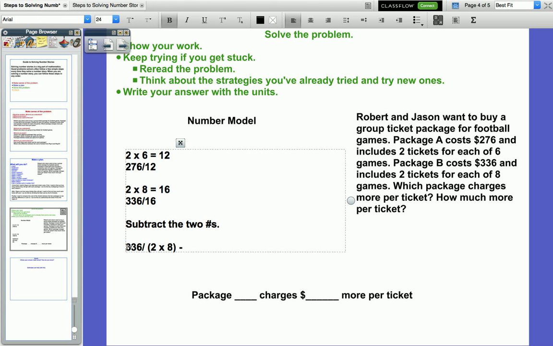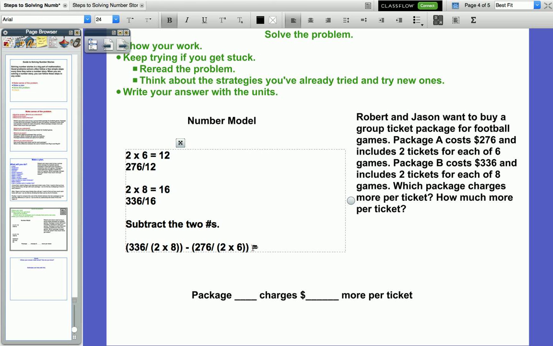So actually I'm going to have 2 sets of parentheses here because I'm going to do this first, and then I'm going to do this part. And then my second part is 276 divided by, sorry, divided by 2 times 6. And again, more parentheses.